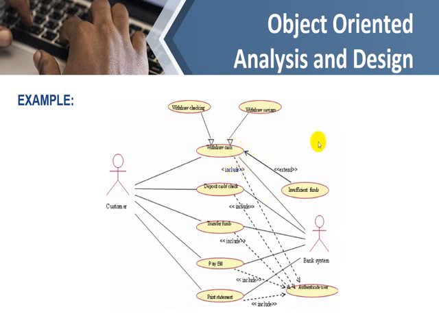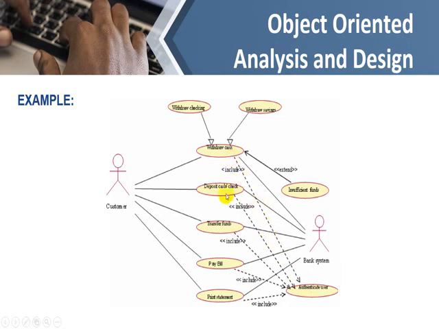Now, if the customer wants to withdraw the cash, first of all the customer must be authenticated, with his PIN code, his card, everything. So this dotted line is linking it with authenticate user. This is another use case, and it is an include association with it.